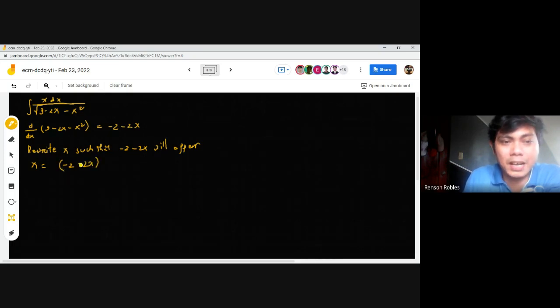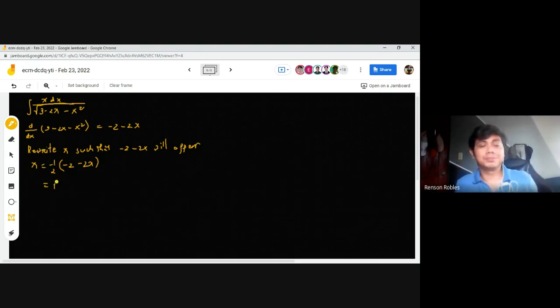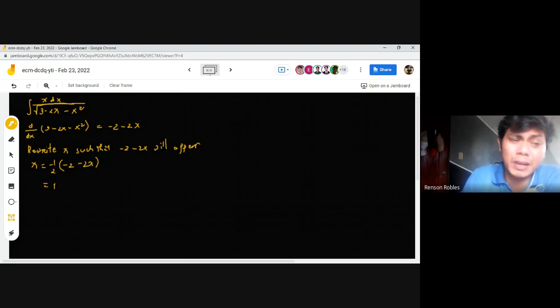Okay, para maging positive x to, magmumultiply ako ng negative 1 half. Right? Kasi when I multiply negative 1 half times negative 2x, I only have x. So I have negative 1 half times negative 2 is positive 1. Okay? That's positive 1. The negative 1 half times negative 2x is positive x.